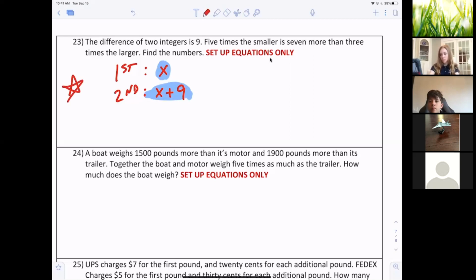All right, that's tricky. Now, Oscar, since you did good there, tell me the equation now. 5x equals 3 times x plus 9.